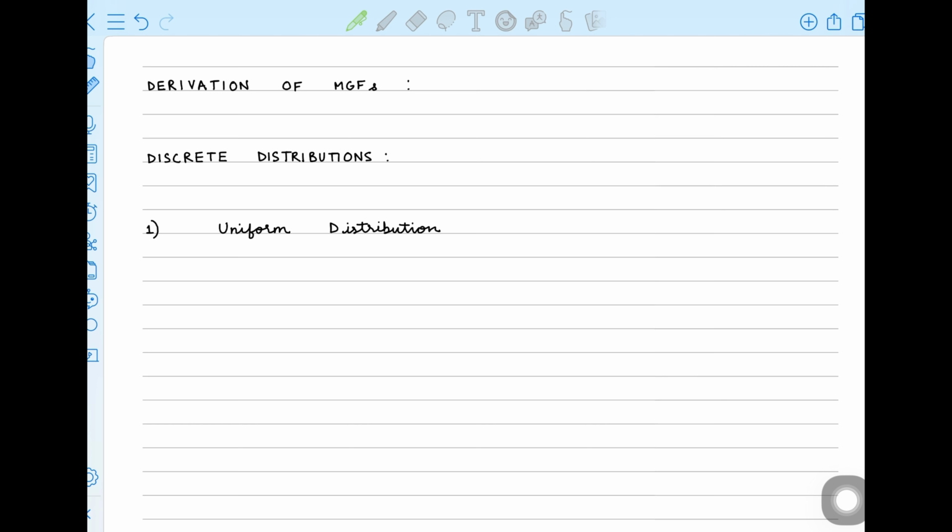Now, let's derive the MGFs for standard discrete distributions. As covered above, for discrete random variables, the MGF is defined as follows. For a discrete uniform distribution, the probability mass function is given by 1 upon k.